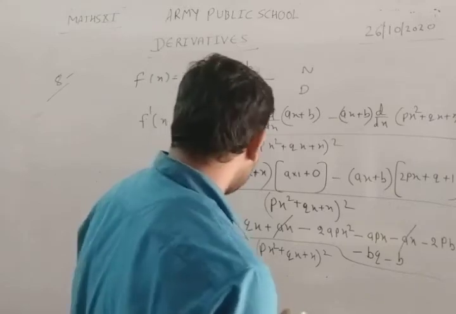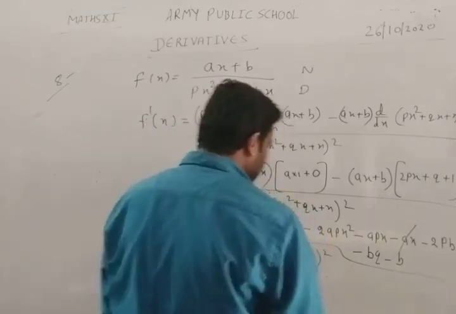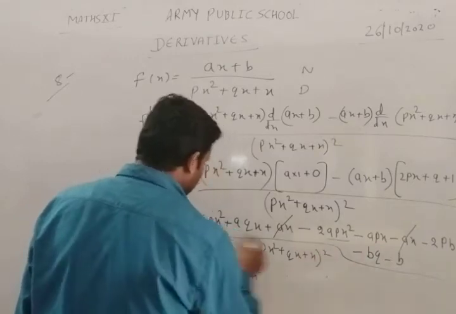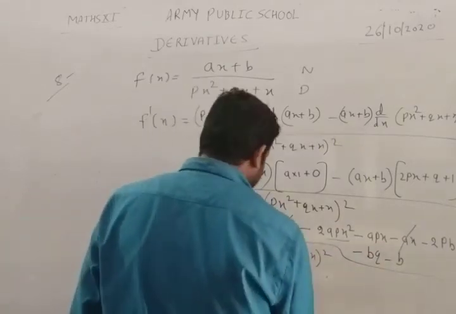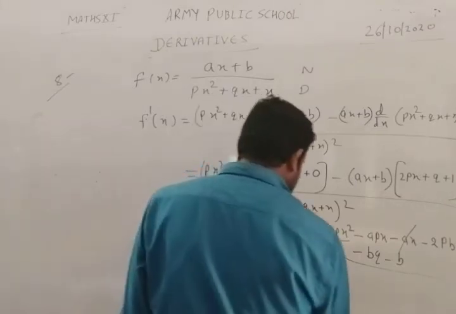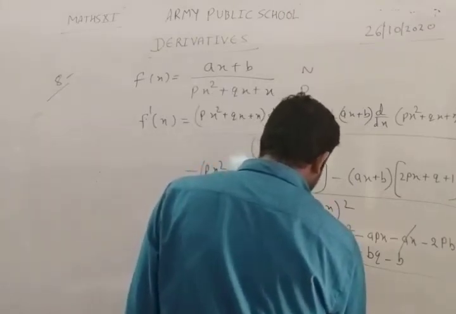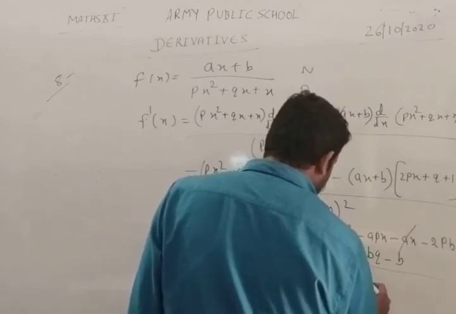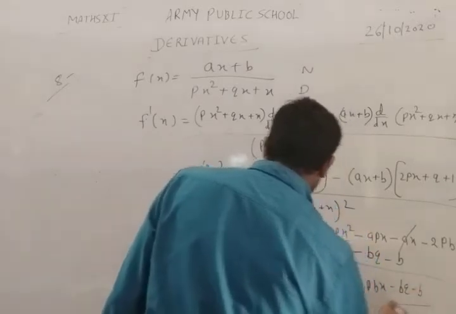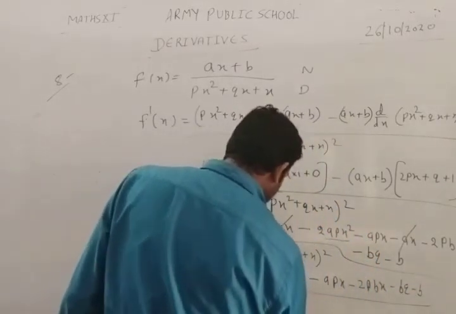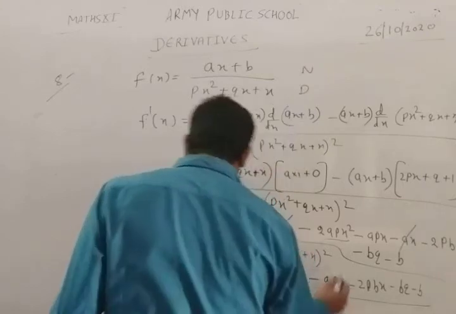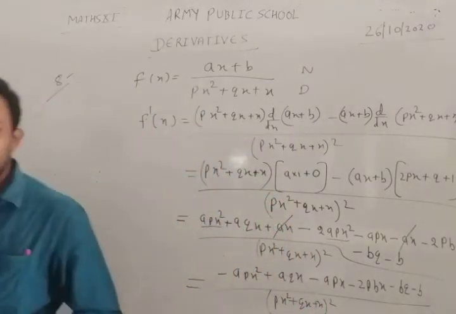So we subtract and get minus apx square, and this is aqx minus apx minus 2px minus bq minus b, and divided by px square plus qx plus x whole square. It will be our answer. Okay.